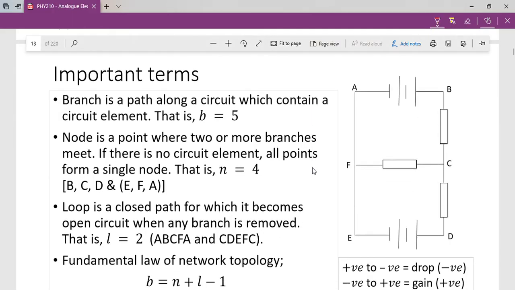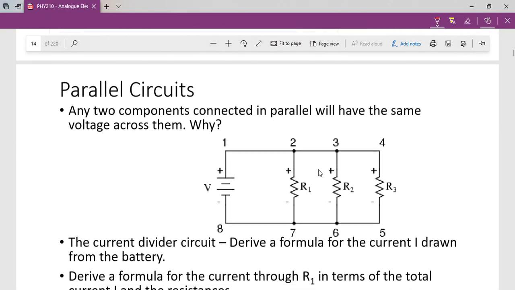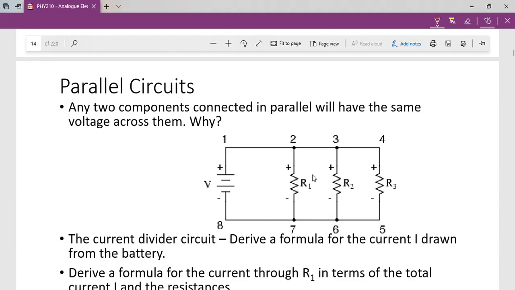Now, important terminology to note here. I will show you this down, so don't worry. For example, if you move from the negative terminal to the positive, we call it a potential rise. But if you move from positive to negative, that is what we call a potential drop.